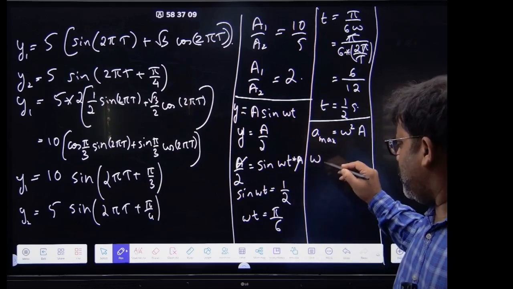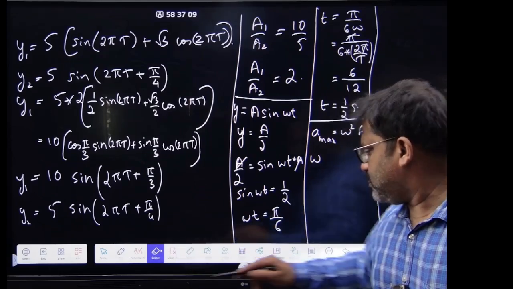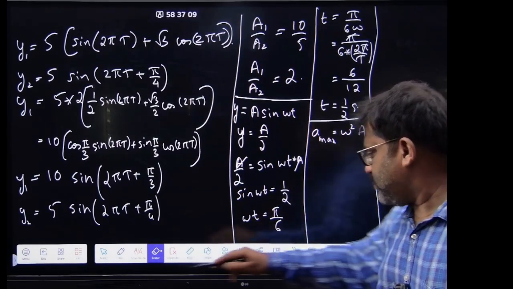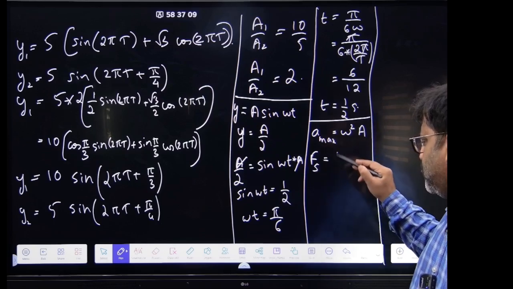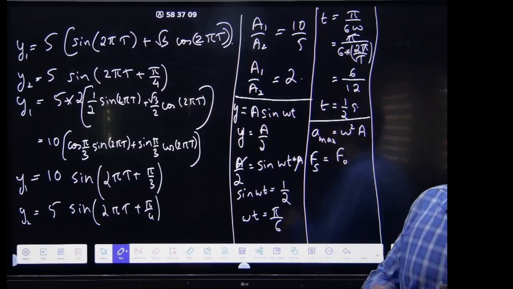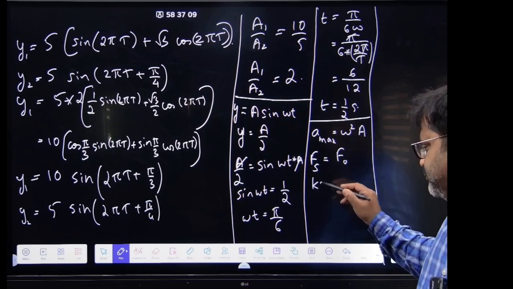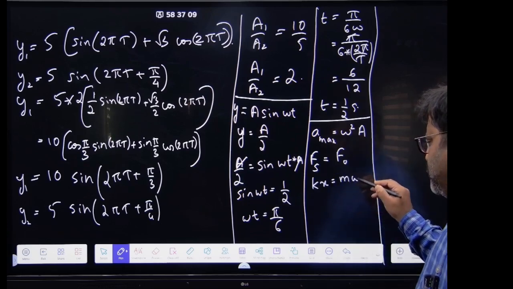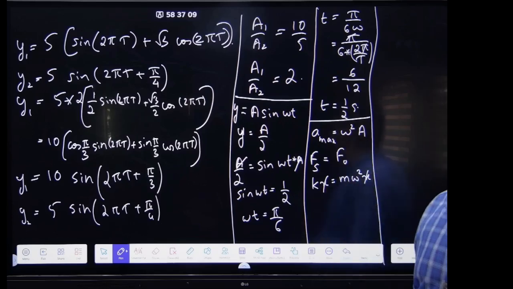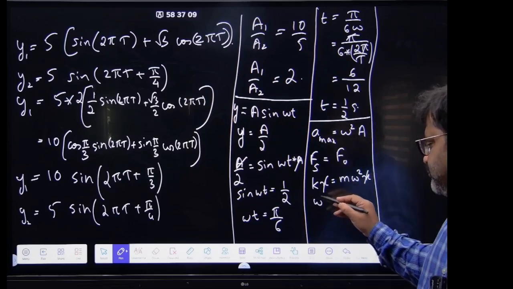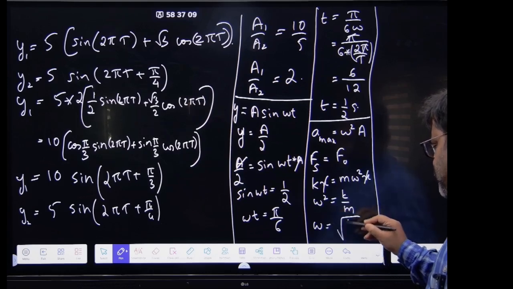Omega can be calculated by balancing the spring force with the oscillatory or centripetal force. So spring force can be taken as Kx, which is equal to m omega square x. Now x and x I can cancel off. So I can write omega square equal to k by m, or omega is equal to root of k by m.